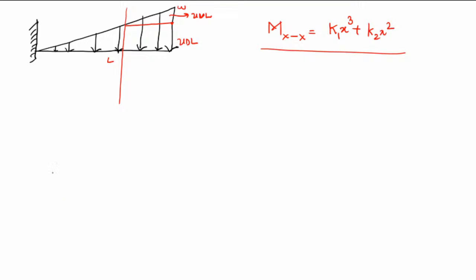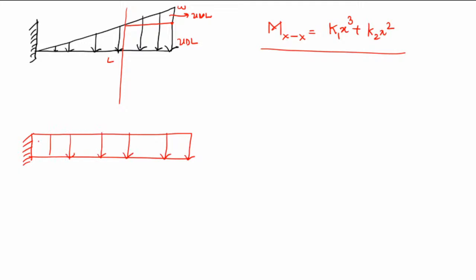So what I can do here is, this is the uniformly distributed load. The result of this load is known to me, that is delta is equal to WL power 4 by 8 EI.